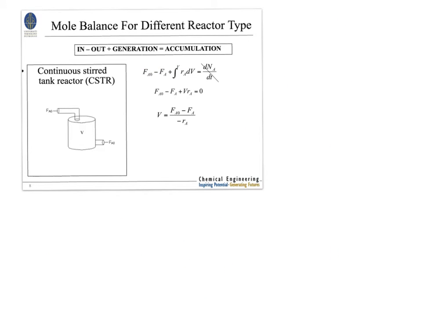Okay, now we look at how to design the mole balance equation for the CSTR. This is the general mole balance equation. First, since the main assumption is perfectly mixed, meaning that there is no variation in the reaction rate, the generation term, the integral of RA dV, will equal RA times the volume.